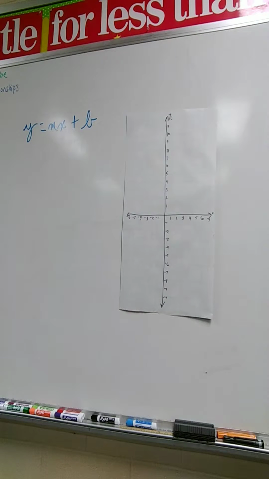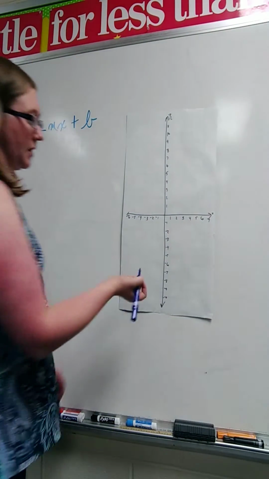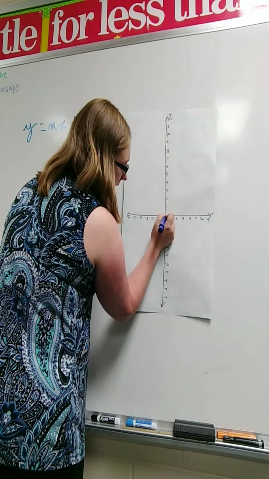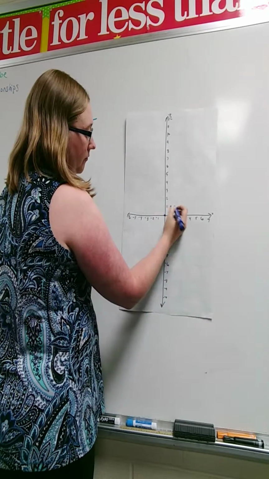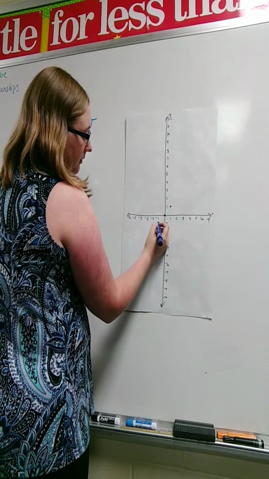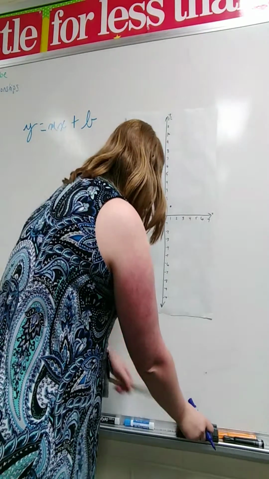Alright. What's my y-intercept? 0. Good, so it's going to go through the origin. So I'm going to go ahead and put a point at the origin, up 1 over 1, down 1, left 1, and I'll go ahead and create that line.